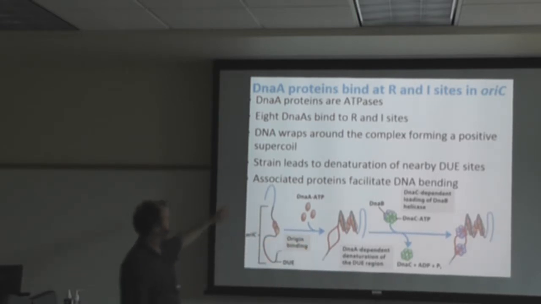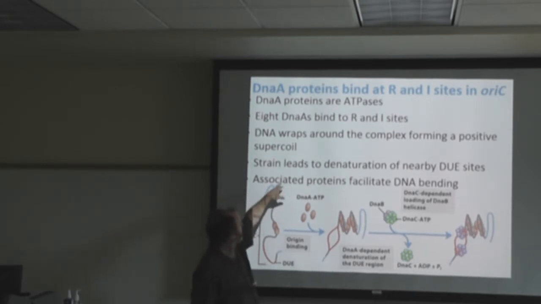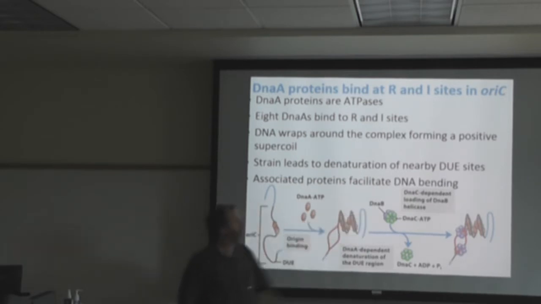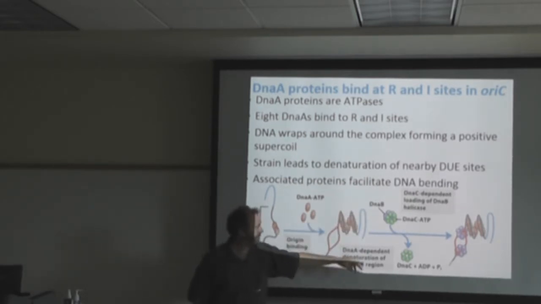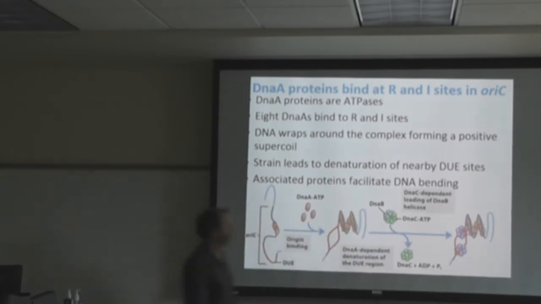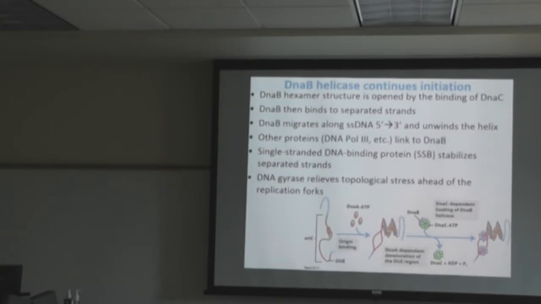And then strain leads to denaturation. Associated proteins then facilitate the DNA binding, and you get DnaC, ATP, and they'll stabilize that little spot that's unwound. DnaB hexamer structures are opened by the binding of DnaC, and then DnaB will bind to separate strands.